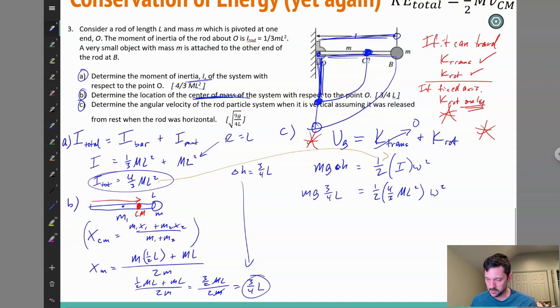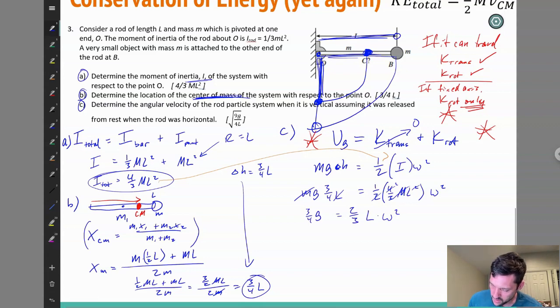Now we've got a whole bunch of terms in terms of each other. So let's see where we can go from here. Masses cancel. Same mass. G is there. We got an L here, and we got L squared over here, so that's going to take out one of those. So we've got 3/4 g equals 1/2 of 4/3, so the half cancels out that. So we got 2/3 L omega squared.